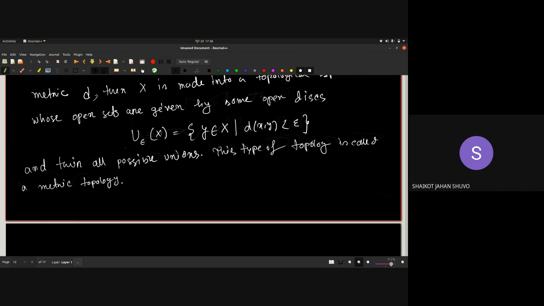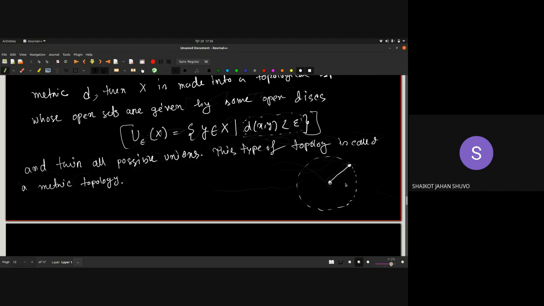So what does this mean? What are these open sets? Let's try to think of them from a physicist's point of view. This condition is telling you that the distance between some point x and y is less than some very small parameter epsilon. So these disks are actually something like this, and they're called open disks.